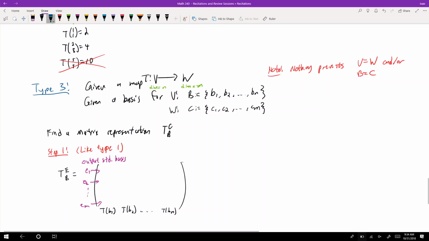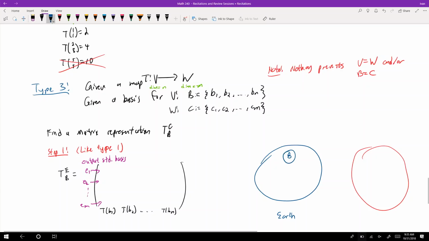Okay, and the idea is the following. We're going to go back to this analogy. On Earth, you have some basis B that you start at, right? And at Mars, you're trying to end up at some basis C. The problem is, by plugging B into your map, you can never get to C in the first place.